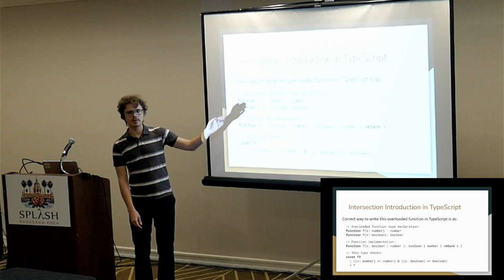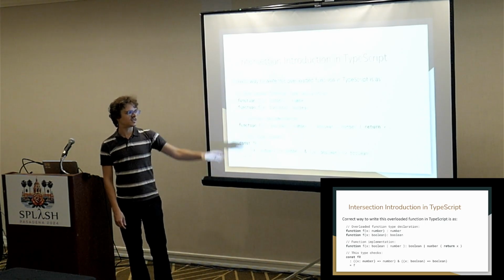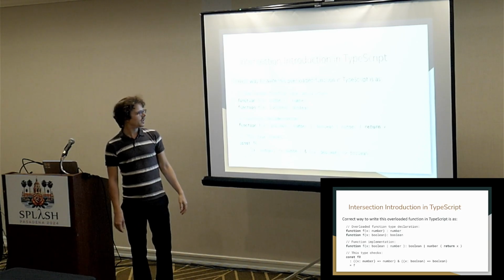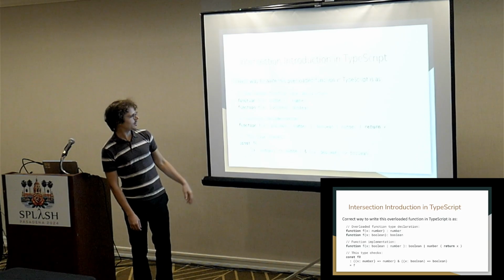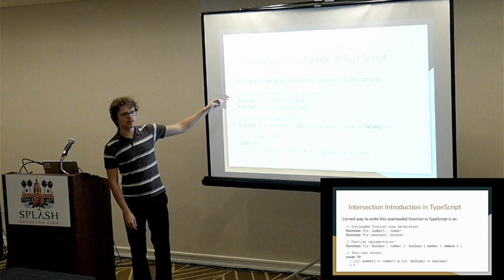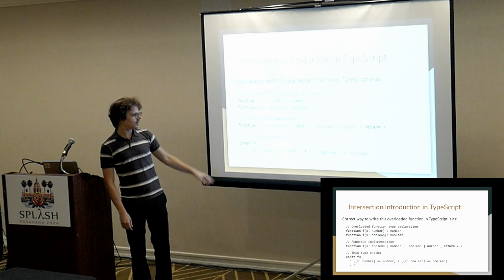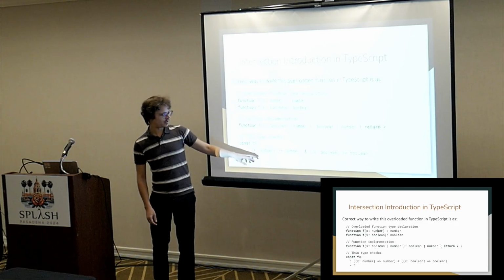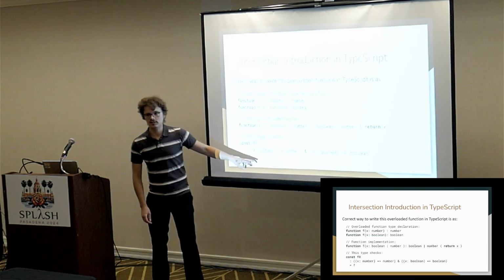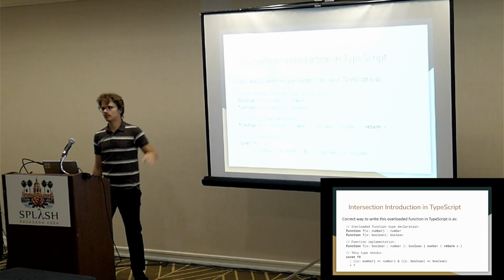And you may do some pattern matching or some tests inside to determine which case you are in. Then TypeScript will type check that the function can be given both signatures independently. And thanks to this, it will allow you to say that the function has the intersection type of these two things, right?